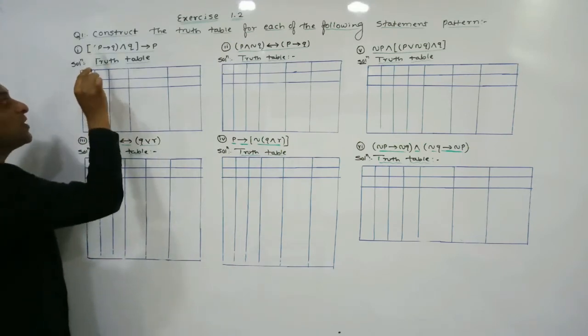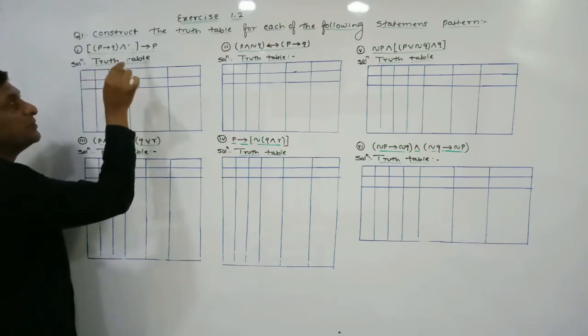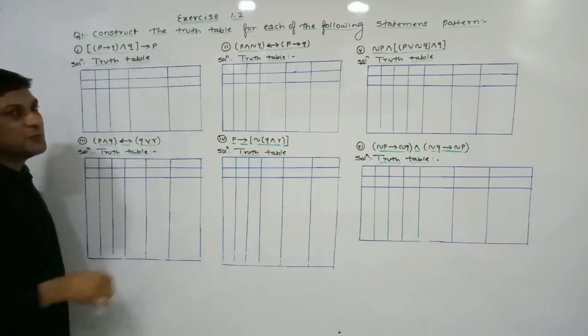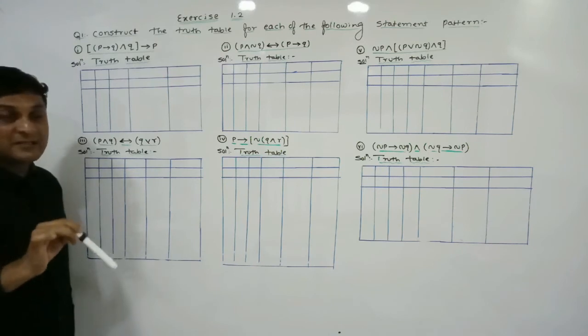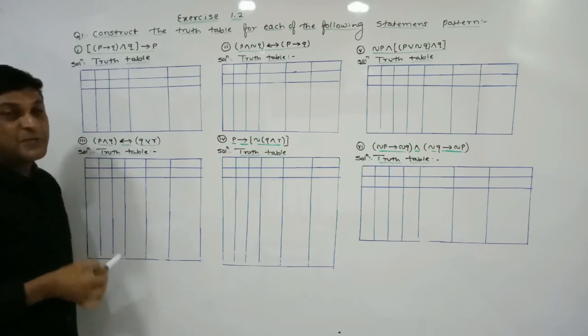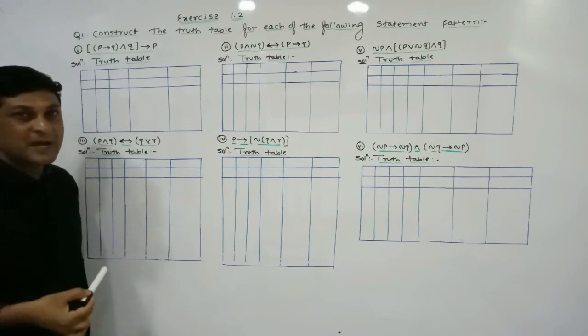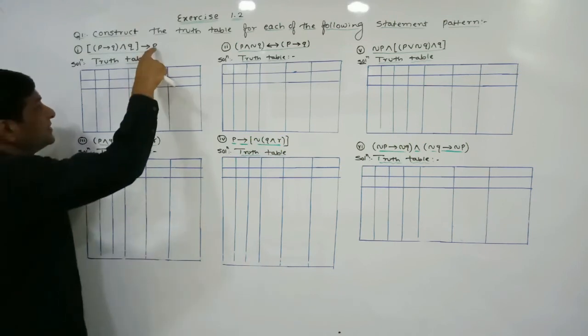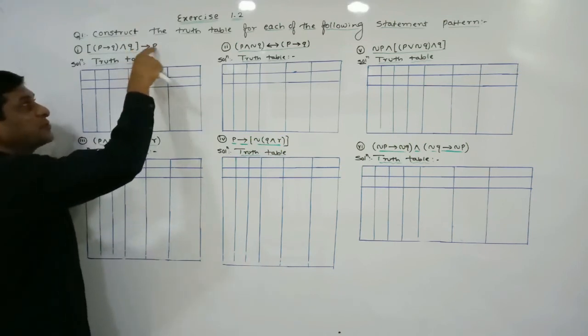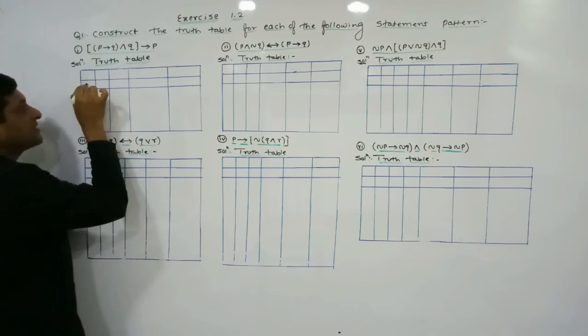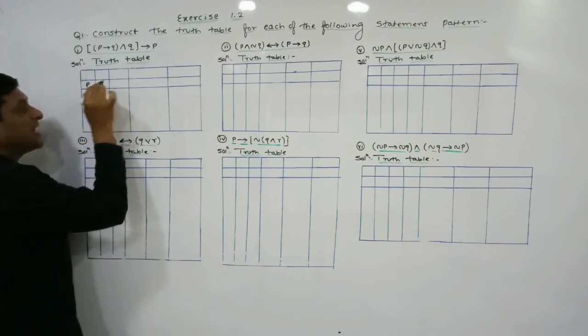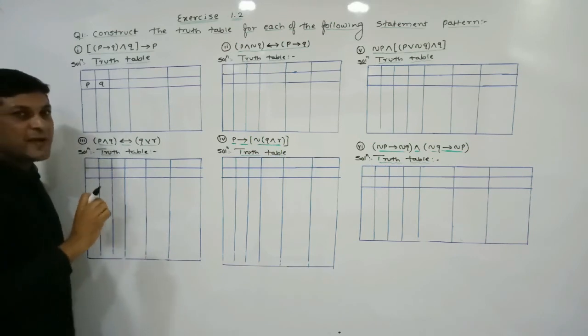The first statement is P implies Q and Q, whole bracket, implies P. If you observe this statement very carefully, how many letters, meaning statements, appear? Because statements we denote by small letters. So here two statements are there: P and Q. If two statements are under consideration, we know how many possibilities of truth values there are: 4.